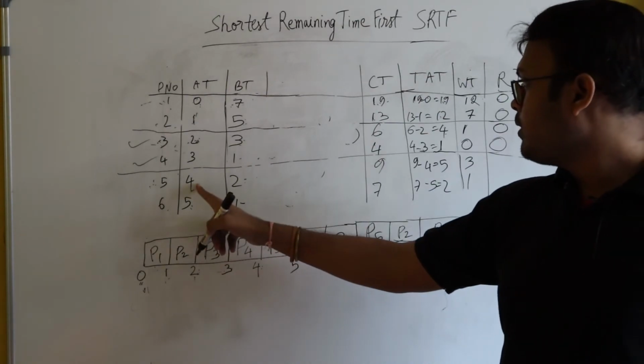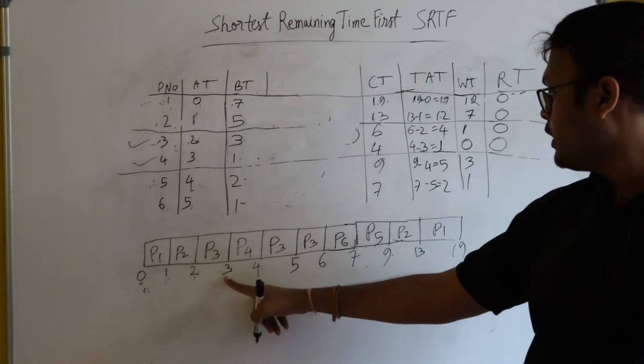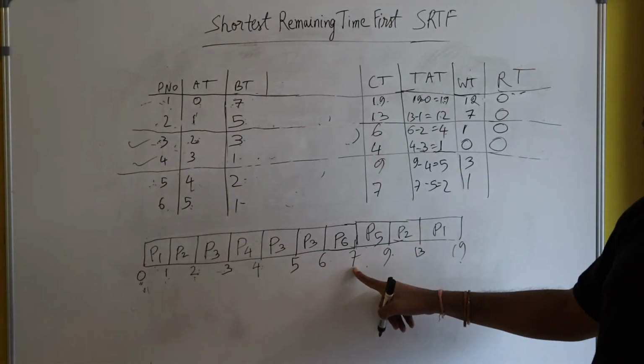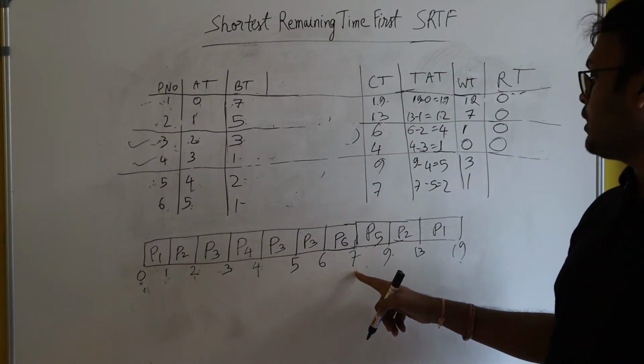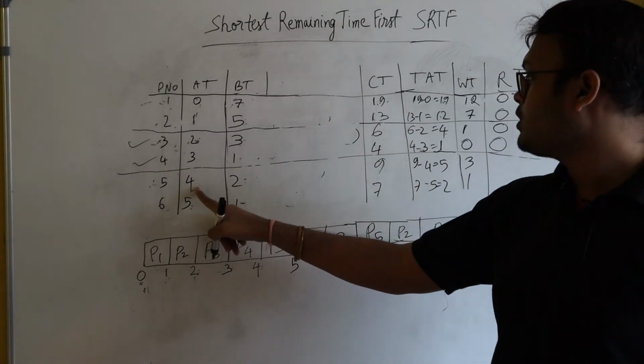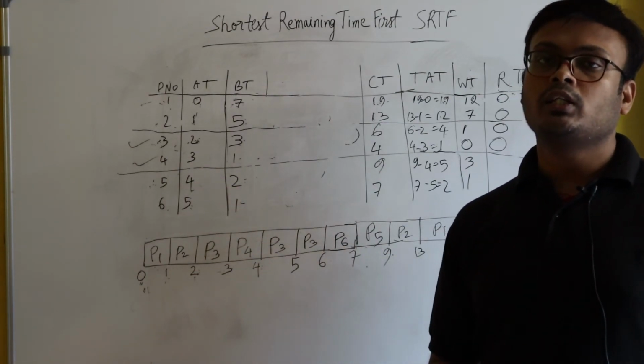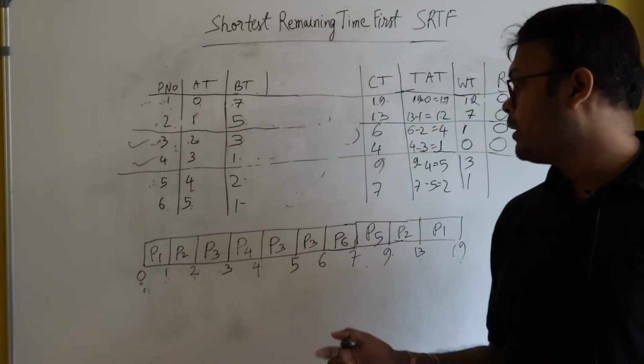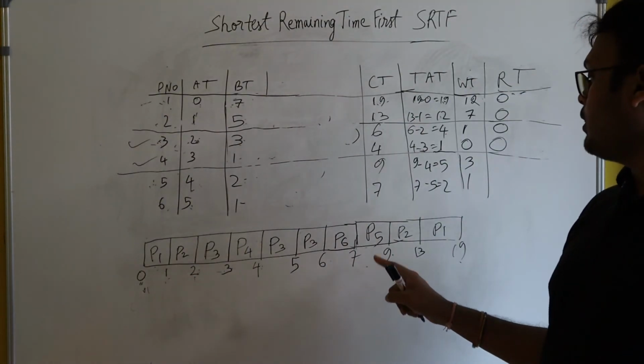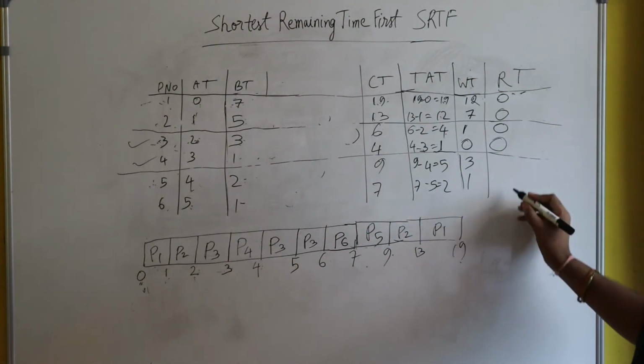P5 came at t is equal to 4 but got scheduled at t is equal to 7. So the response time of P5 is 7 minus 4, because although it arrived at t is equal to 4, it started responding at t is equal to 7. So 7 minus 4 is equal to 3.